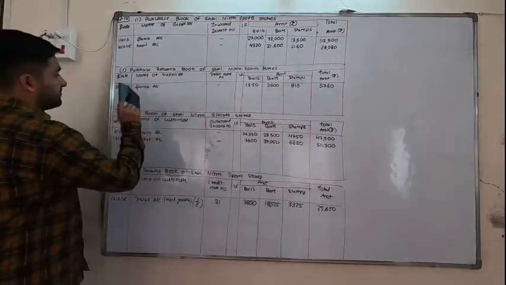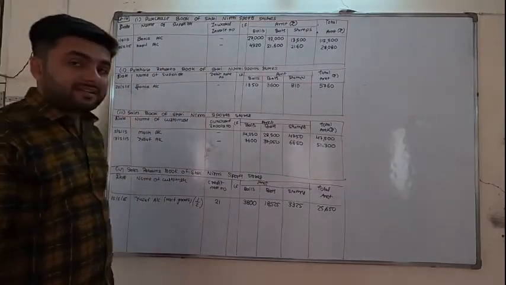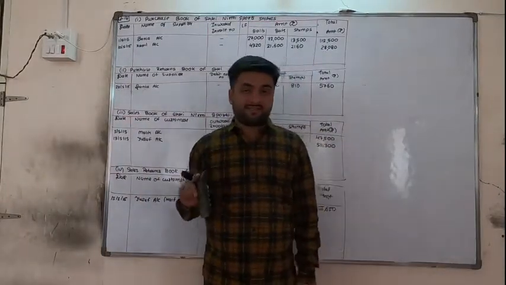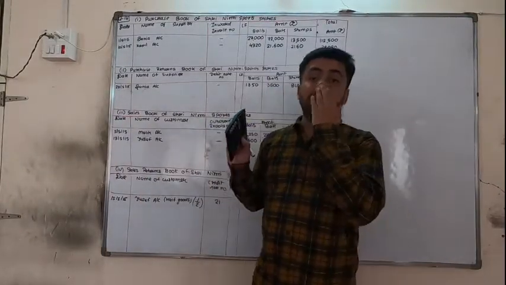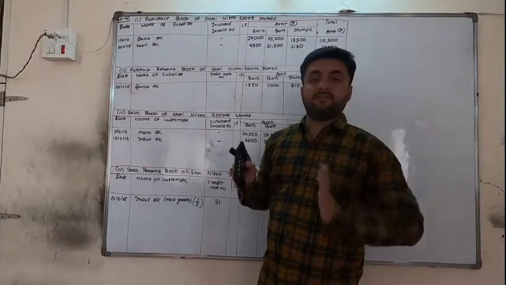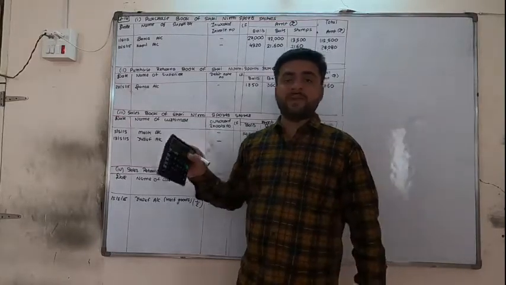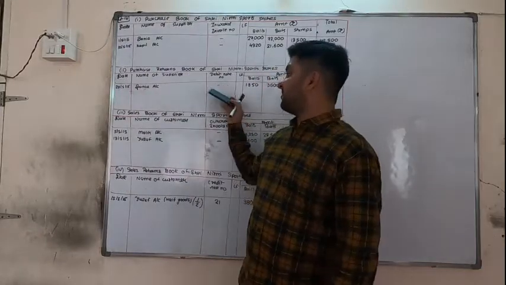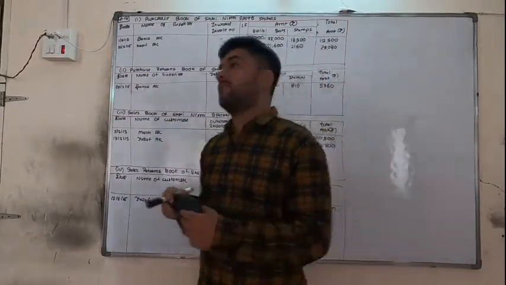But for the goods returned to Sania, the quantity is given. So the price of the first transaction would apply, which were the prices of balls, bats and stumps. After that, 10% trade discount was allowed, so here also 10% trade discount is allowed.